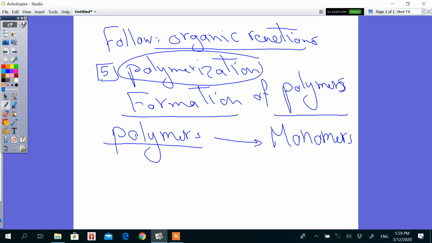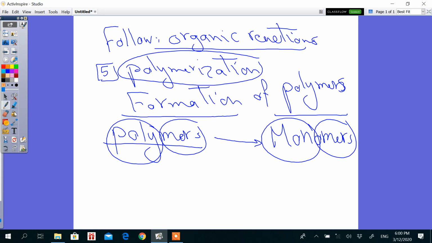So, what is the difference between polymers and monomers? Poly means many in English. Mer, M-E-R, means units. So, many units. And on the other side is mono, which means one. Mer means one unit. So, many units from one unit.